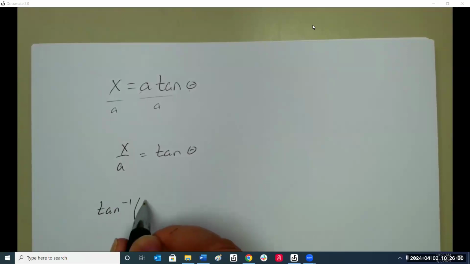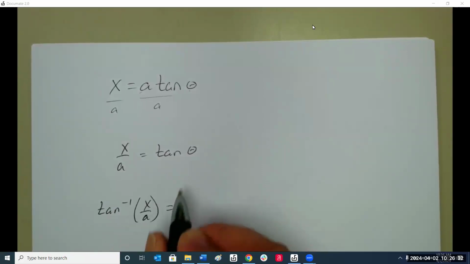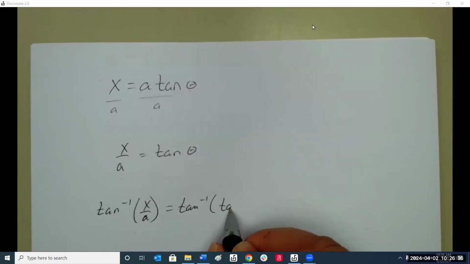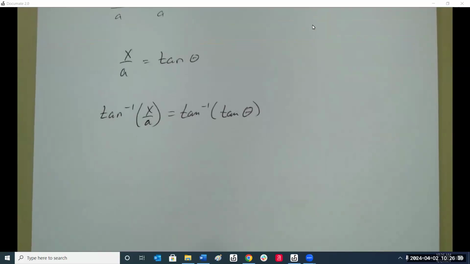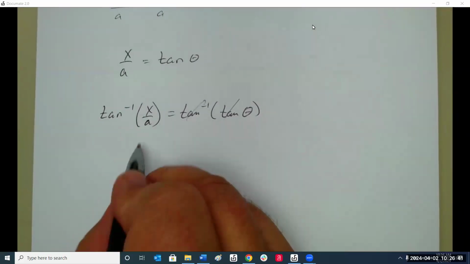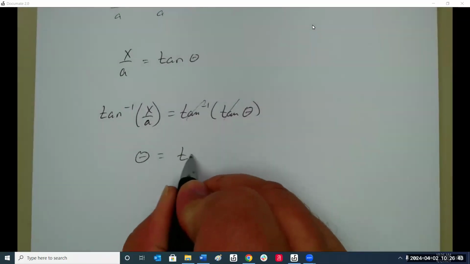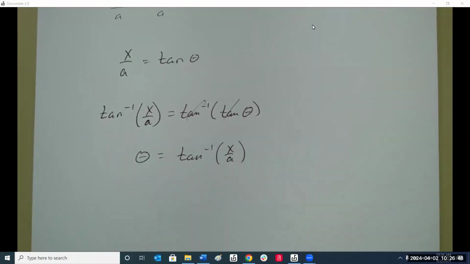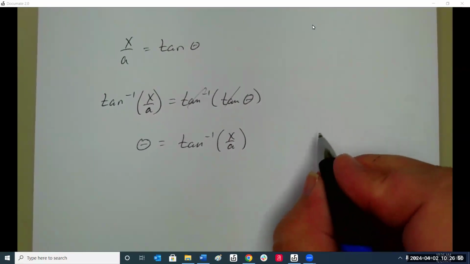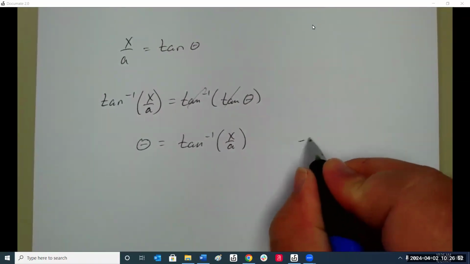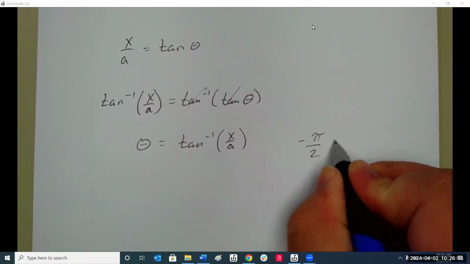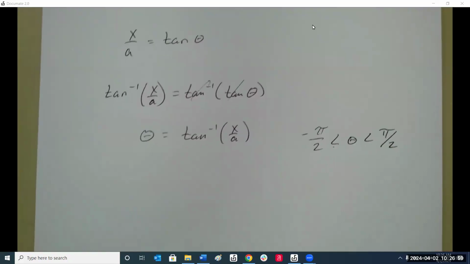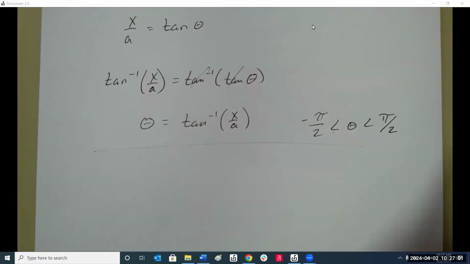Take the inverse tangent of x over a; the inverse tangent of tangent theta, these cancel, they're inverses of each other. So theta equals the inverse tangent of x over a, where theta is between, since it's tangent, negative pi over 2 and pi over 2. And we can do it to all three of them.